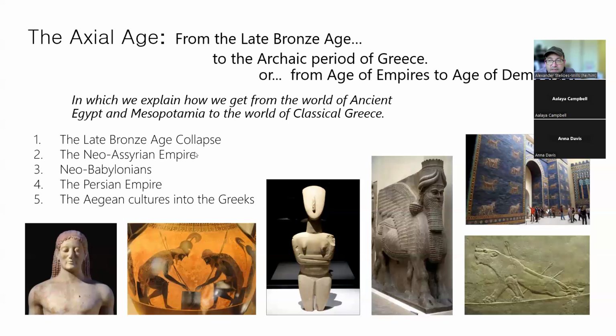A lot of people move out from the coastlines into the hill countries of their various regions. Just a lot is happening. And there are some cultures that just disappear entirely, like the Hittite Empire just ends, and the Hittites as a people disappear. So we're going to talk about that.